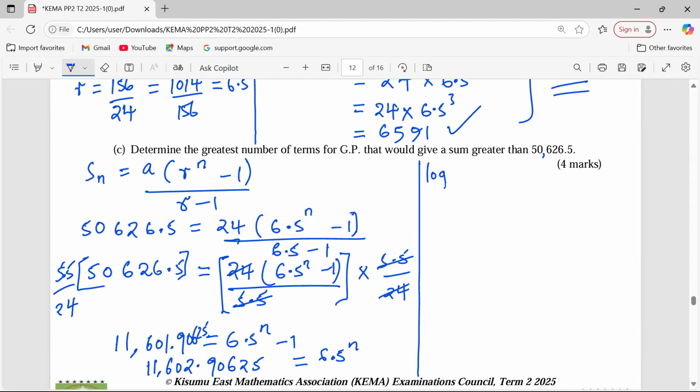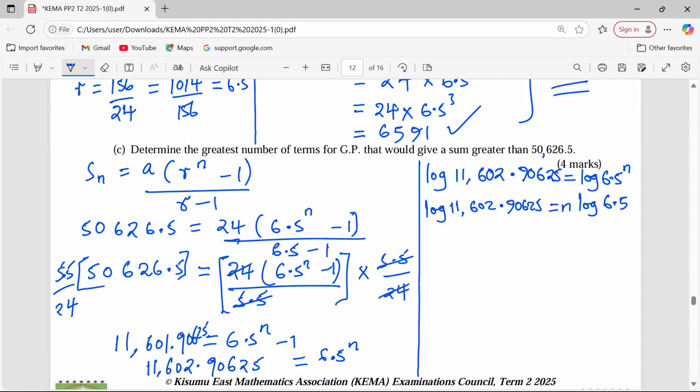The log of 11,602.90625 equals the log of 6.5 power n. So I can drop n here according to the laws of logarithm. Then here I'm already having the log 11,602.90625.